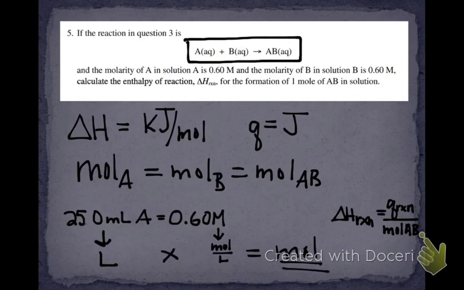The Q of reaction, you just have to make sure that you're converting that to kilojoules so that you can plug that in and you get that in kilojoules per mole. So that would be how you would get your delta H of reaction in kilojoules per mole. Hope that makes sense.